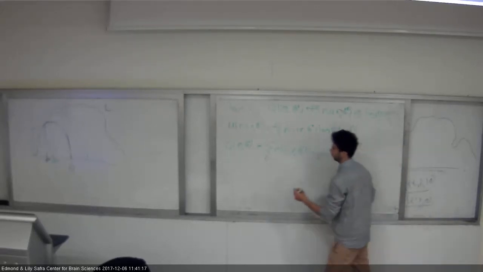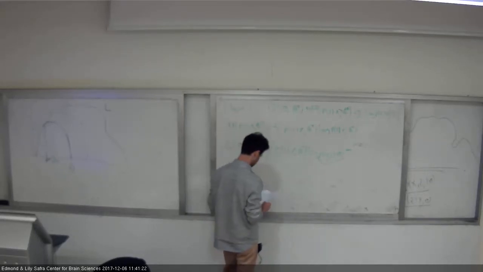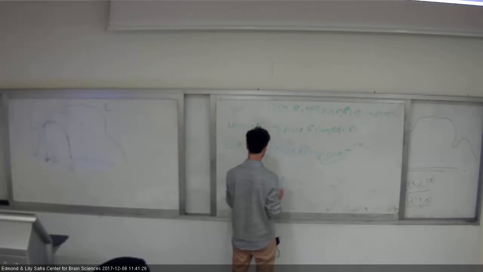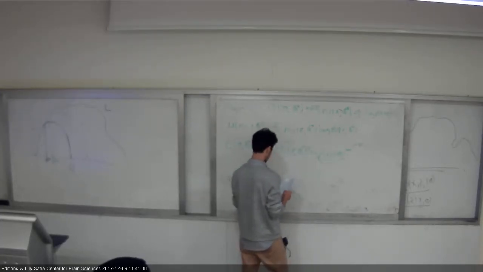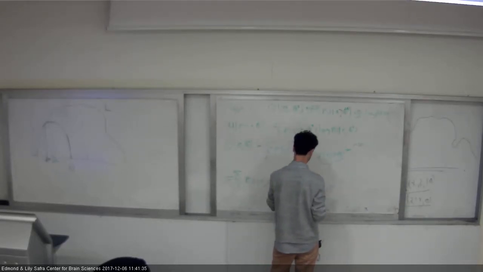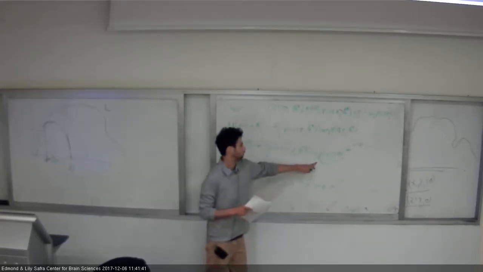So this is equal to the sum over all the z, p of z given x and theta hat at time t, log of p of x given theta times p of z given x and theta.